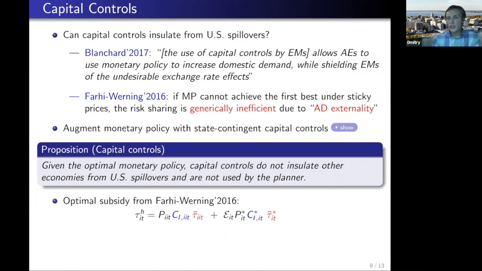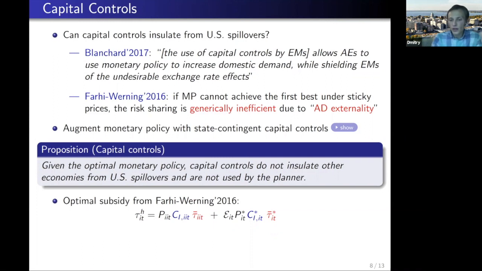Intuitively, the optimal capital controls are a weighted average of two inefficiencies, right? There's this tau bar H, which shows the deviations from the optimal demand in the local market. And then there's this tau bar star, which shows the deviations from the optimal demand from other countries. So this is how much our exports deviate from the optimal level.